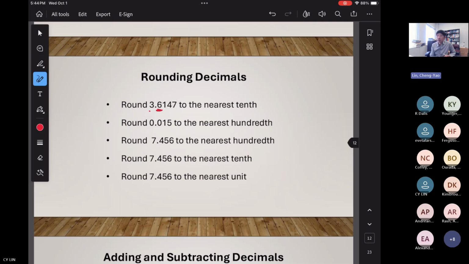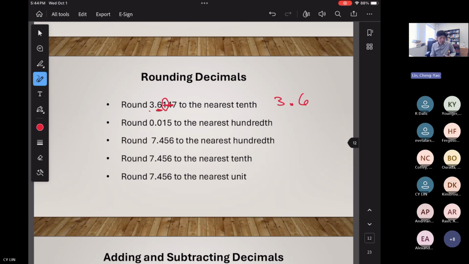So I mark the nearest tenth, and then we use the next digit to examine: more than 5 or less than 5? Less. 1 is less than 5, so the answer is 3.6.